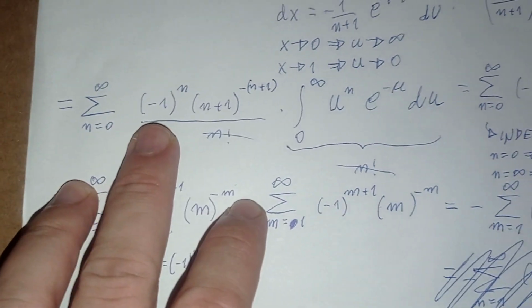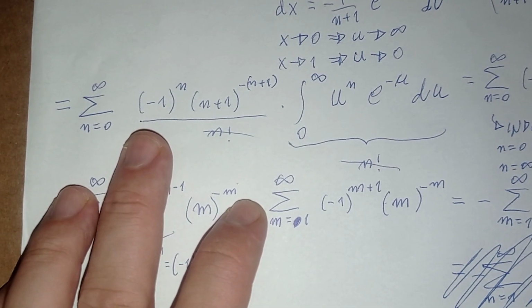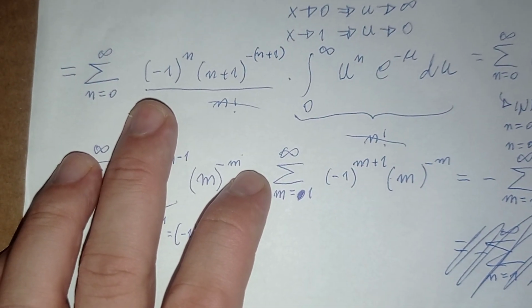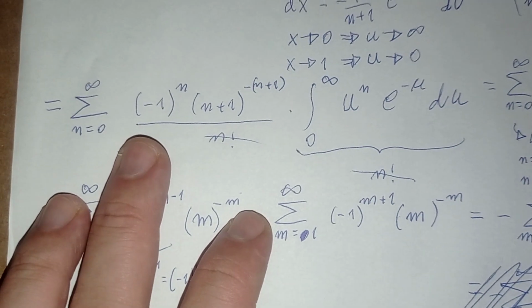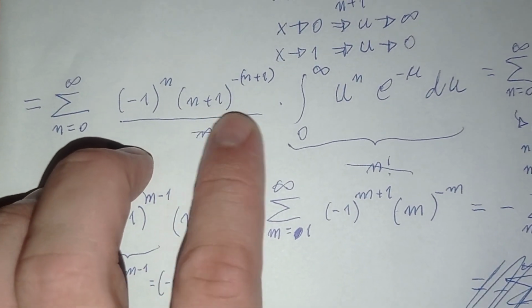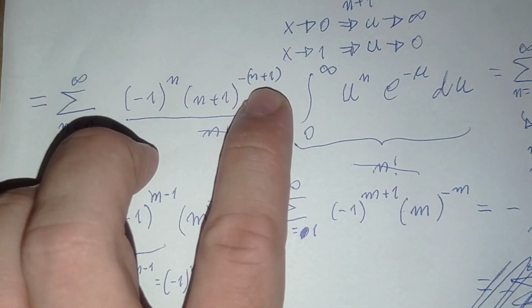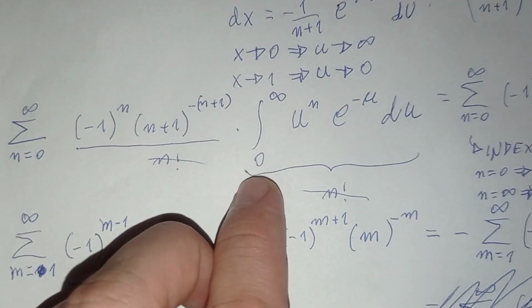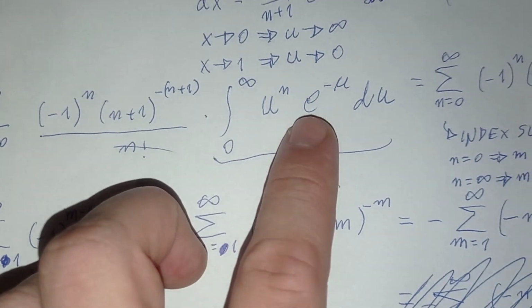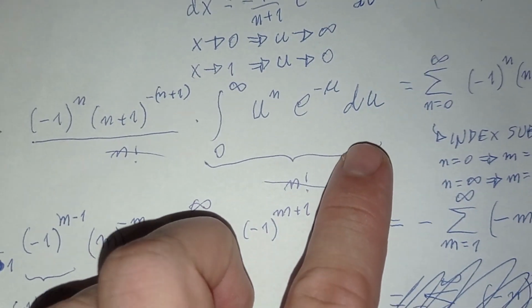So after a few cancellations and putting other things together, I have the sum from 0 to infinity of (minus 1) to the n, times (n plus 1) to the minus (n plus 1), and the integral from 0 to infinity of u to the n times e to the minus u du.